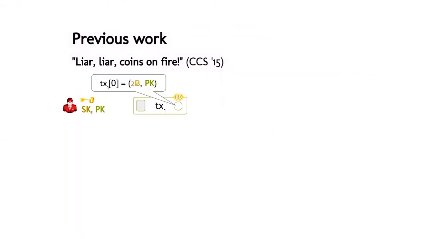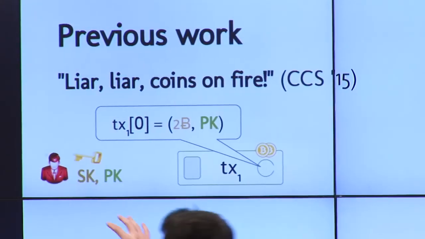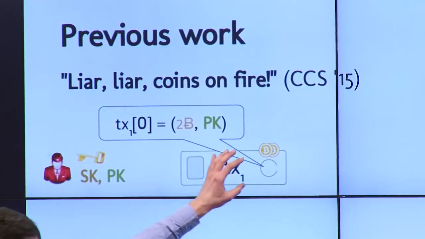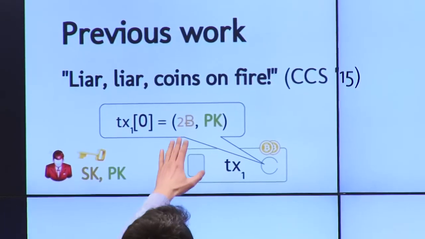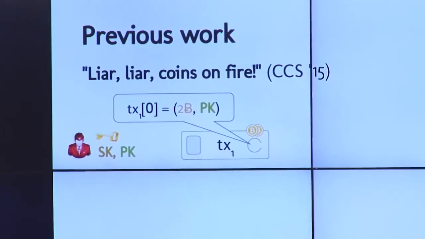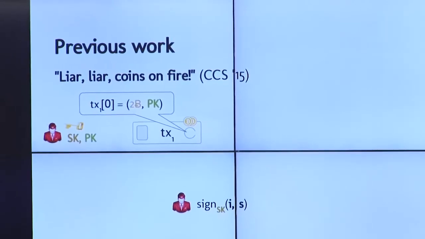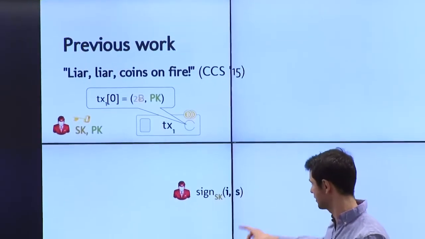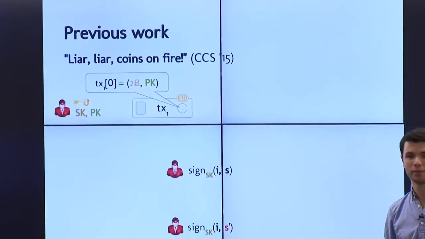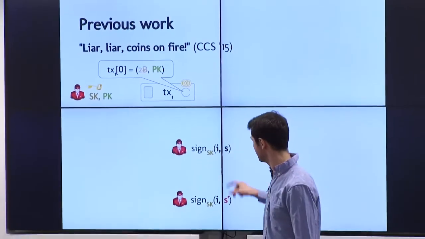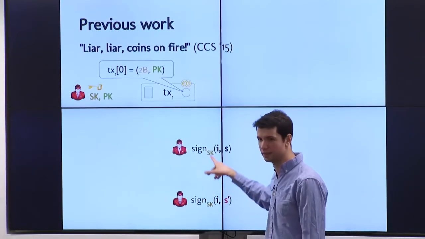So, for example, suppose we have this authority. Imagine this is a Catena log server, and it publishes a transaction which locks 2 Bitcoin to that public key. And this authority sometimes will want to say 2 different things. It'll want to say S and S prime, and it'll sign the statements with its secret key.